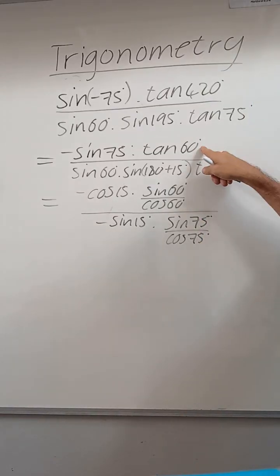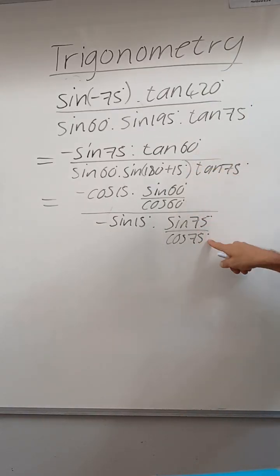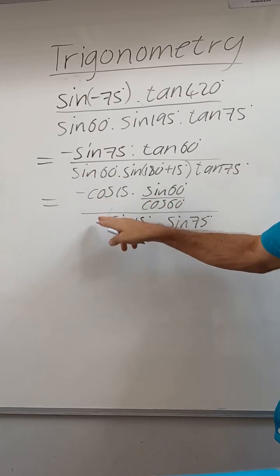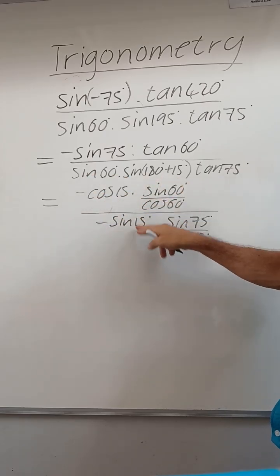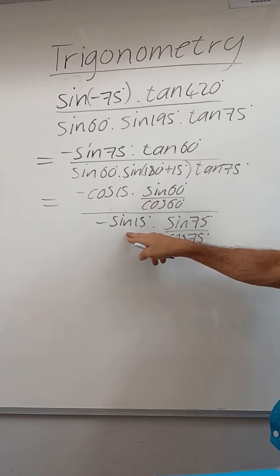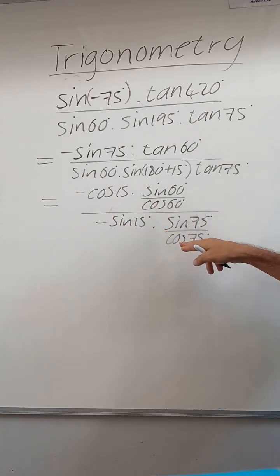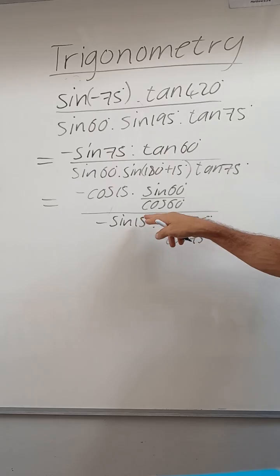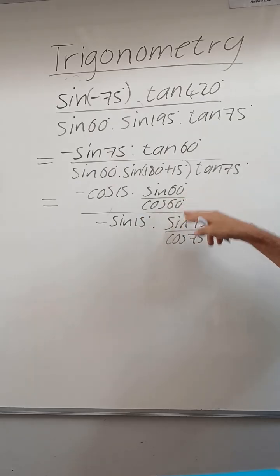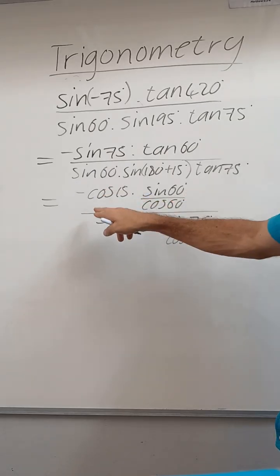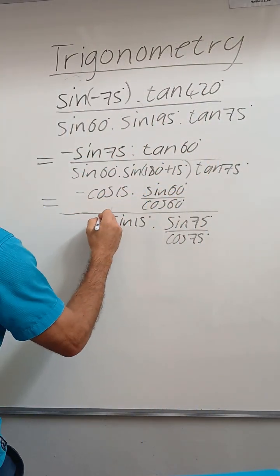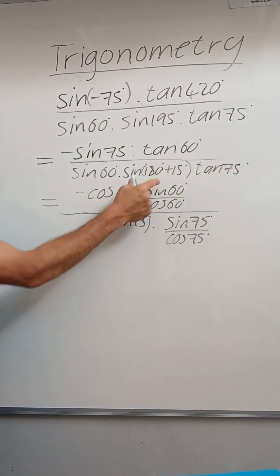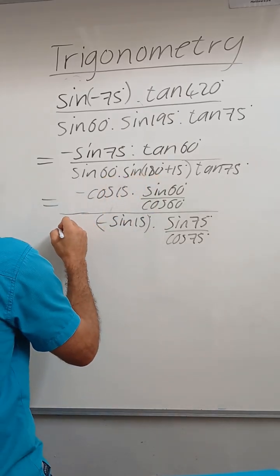So we change the tan to sine over cos, and change the sine 75 to cos 15. Why? Because this one is going to be sine 15. And then you get cos 15 over sine 15. And then here we can say sine 60 over cos 60. So we still have the sine 60 that we have to put in here. So negative sine 15 is for that one, and then the sine 60 we can leave there.